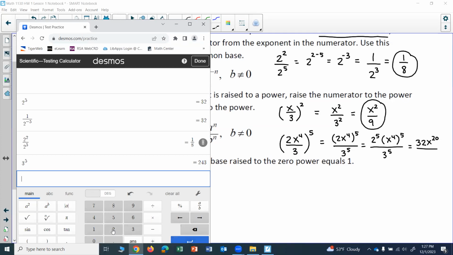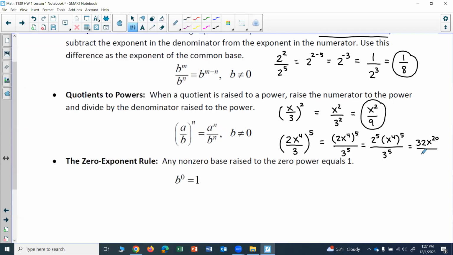If you wanted to check the 2 to the 5th power, you could check that as well. So we have 32 x to the 20, all divided by 243. So as you can see, sometimes you have to use more than one exponent rule together in order to simplify an expression.